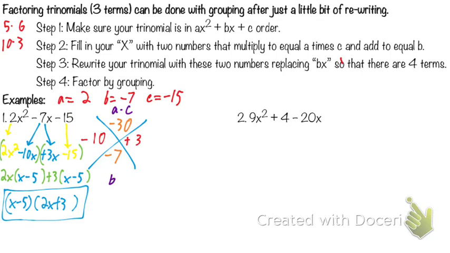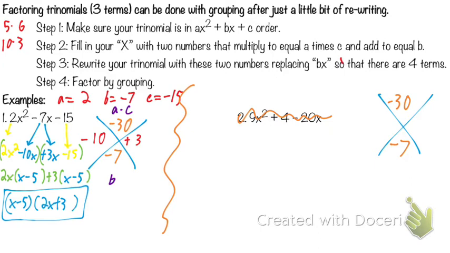Now, what I was wanting to show you guys before it glitched out on me. Don't do anything I'm doing right now. I just want to show you. If I had made that x, and I had the negative 30 on the top and the negative 7 on the bottom, and let's say I tried to do negative 5 and positive 6, because negative 5 times 6 gives us negative 30.